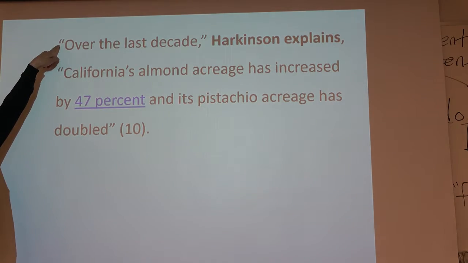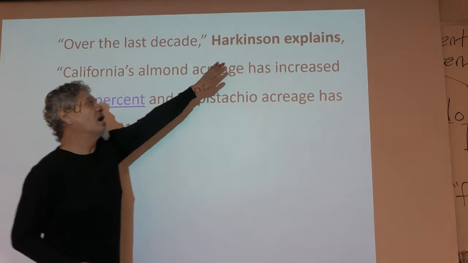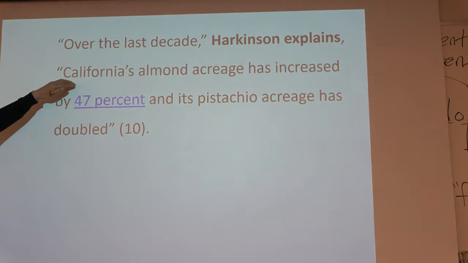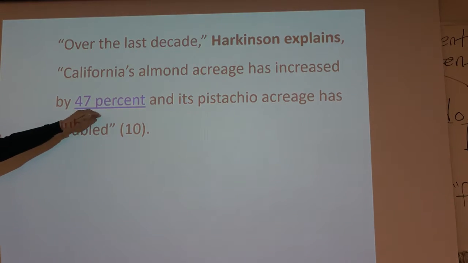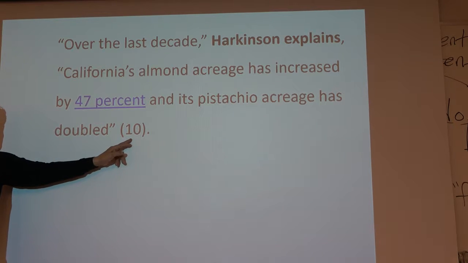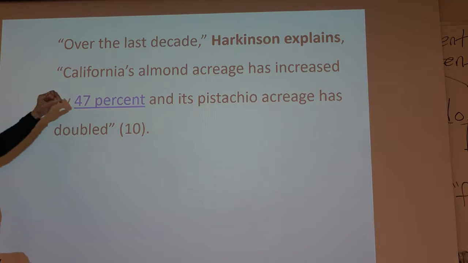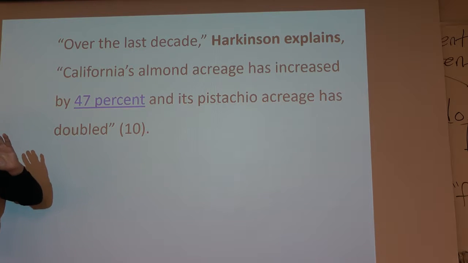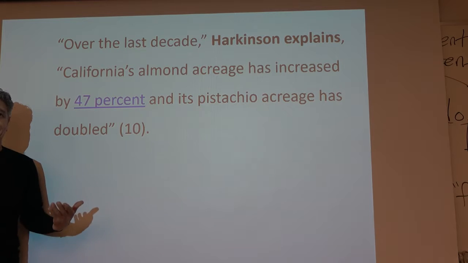"Over the last decade," Harkinson explains, "California's almond acreage has increased by 47% and its pistachio acres has doubled." Page 10. Okay? I could have put "Harkinson explains that," and then "over the last decade, California's almond." So this is just a variation, an interrupted quote.